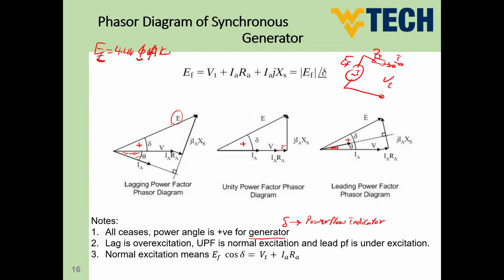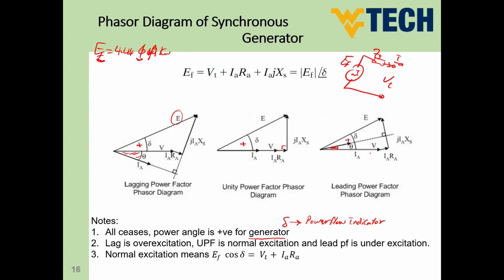So since we have here three different cases for the excitation or for the EF, we can relate that to the excitation. Excitation is the flux that we have in the different cases. So we can say that in lagging power factor, the excitation is over excitation. In unity power factor, let's take this as a reference, so we are going to call it normal excitation. And in case of leading power factor, this is going to be under excitation.